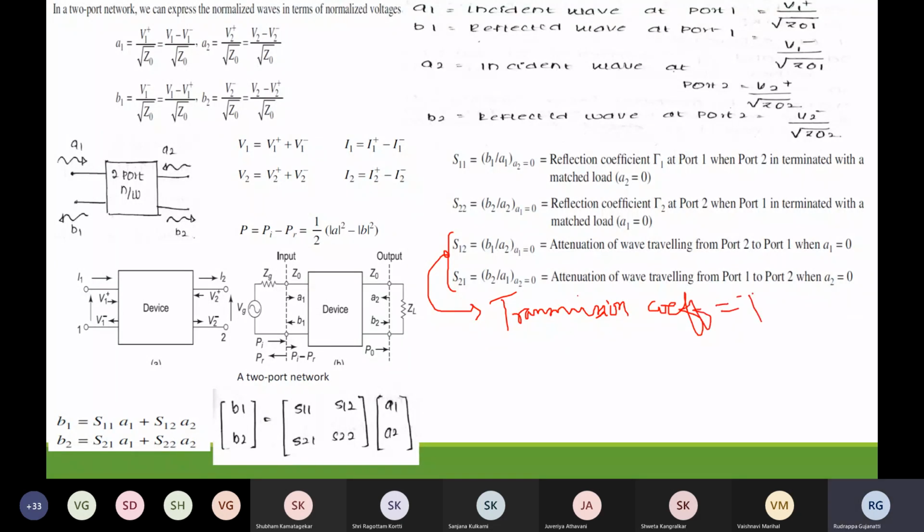It gives you the information regarding the transmission coefficient, which we had noted as T. In the very starting sessions, we had discussed these aspects. If you remember, T is actually equal to 1 minus the reflection coefficient. We can also define these in slightly different forms.